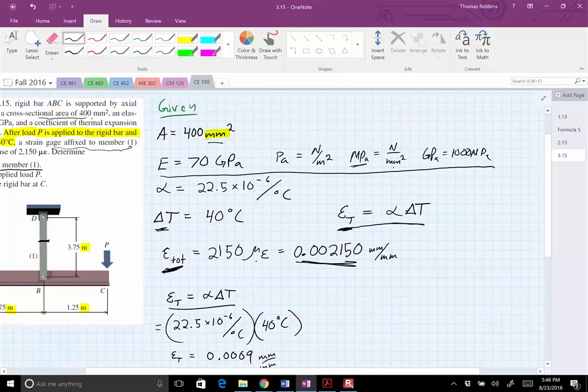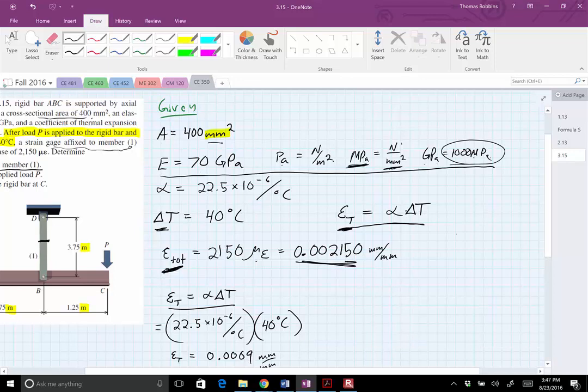So it's 70 gigapascals, okay? But a pascal is a Newton over meter squared. A megapascal we can call a Newton over millimeters squared, and a gigapascal can be 1,000 megapascals. So 70 of these, right?